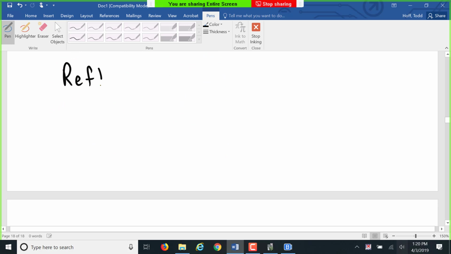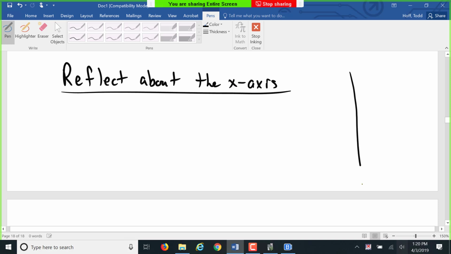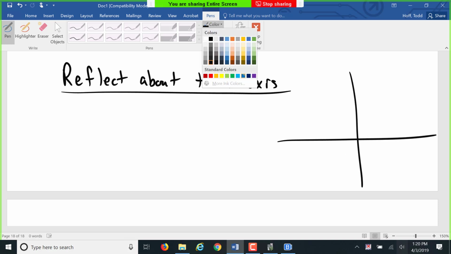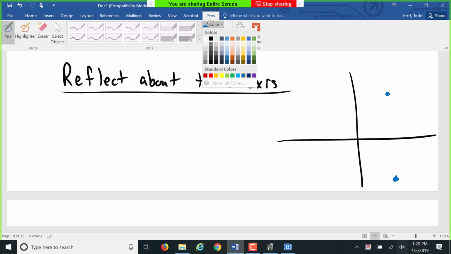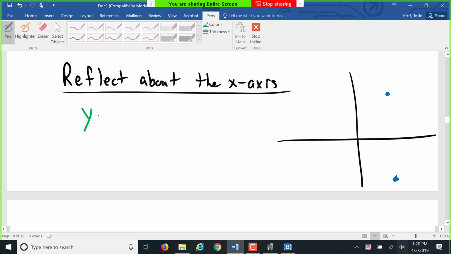If I want to reflect about the x-axis, what that means then is any points that are up here moved down there. So it's now the y-coordinate that changes. If I have y equals x and I reflected about the x-axis, it's now negative y equals x.